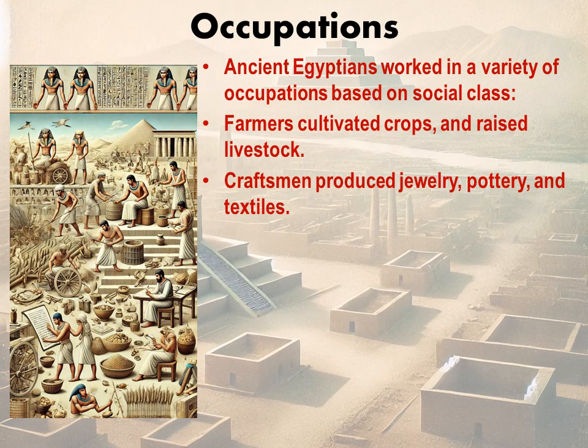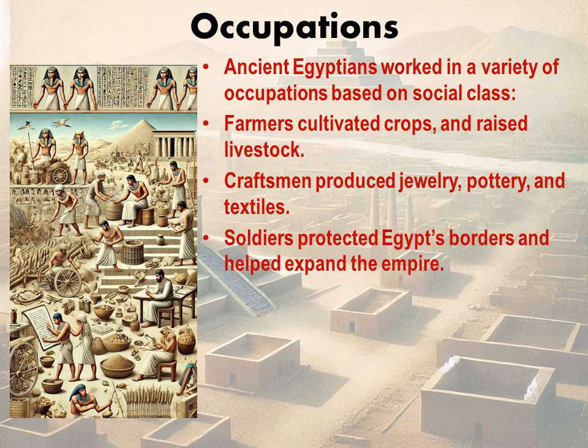There were specialized craftsmen, meaning people who produced only jewelry, or only pottery, or only textiles. Soldiers protected Egypt's borders and helped expand the empire. So soldiers protected the borders of Egypt.